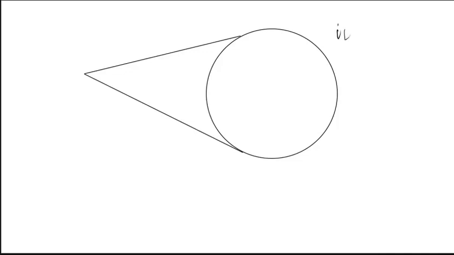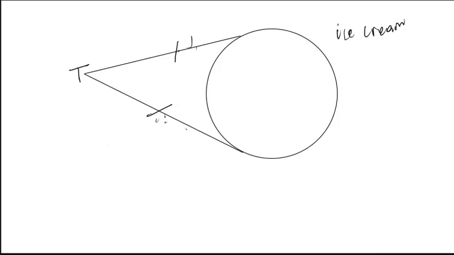This ice cream theorem says that this is the point, let us name it point T, and then these are the tangents, and these tangents are equal in length. So they will always be equal in length.